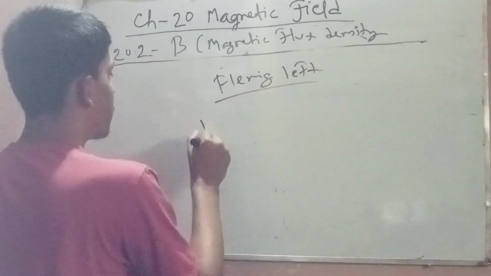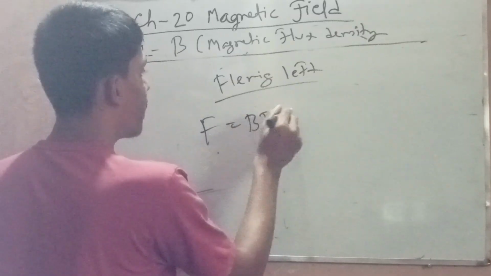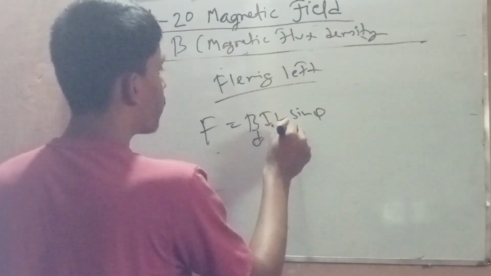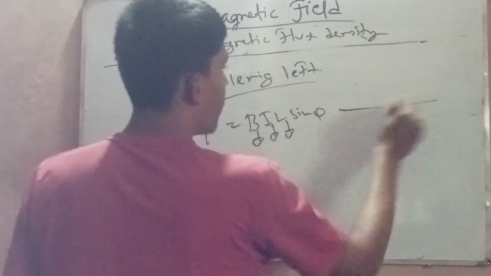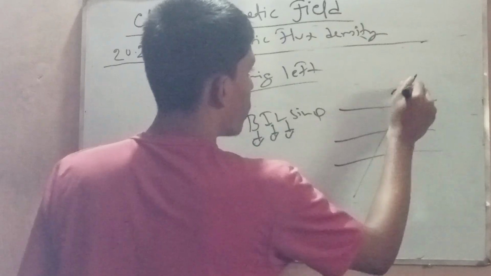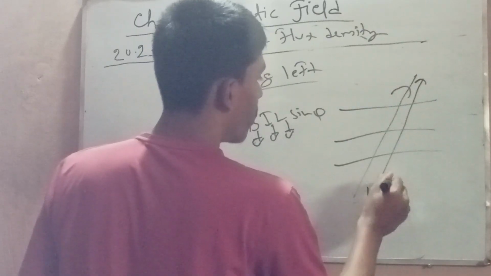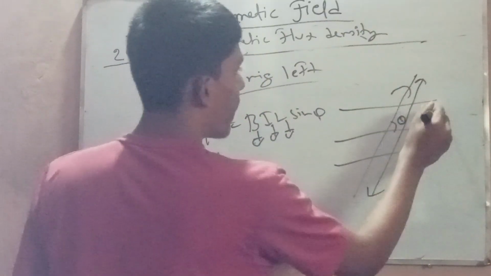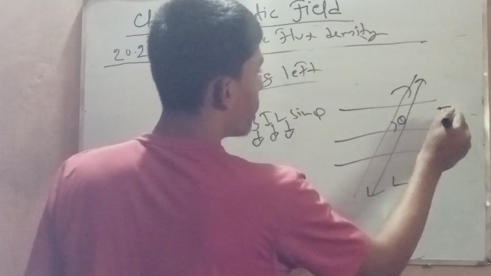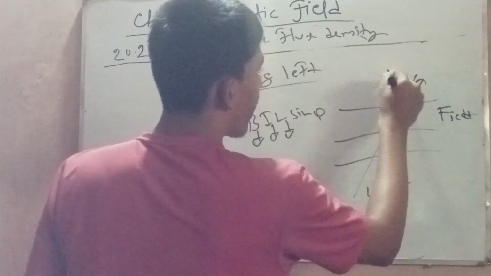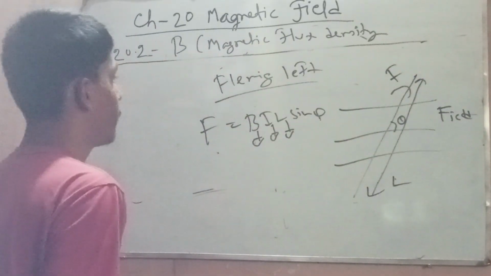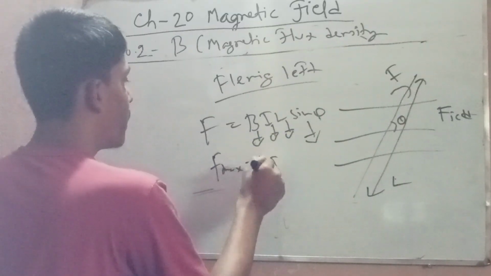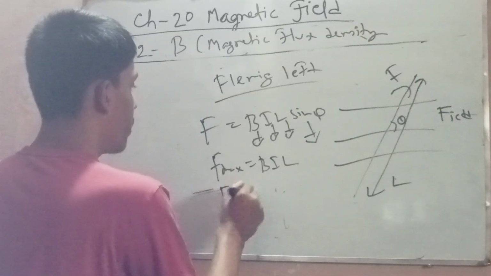And this force is equal to BIL sin theta, where B is magnetic flux density, I is current on the conductor, L is the length of the conductor, and theta is the angle between field direction and the current direction. F max is equal to BIL, F minimum is equal to 0.